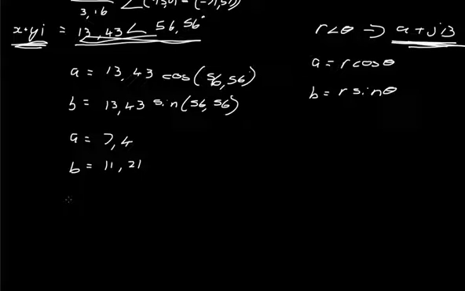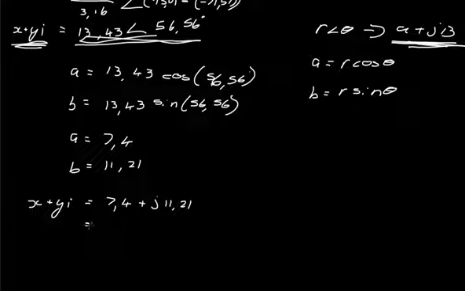So now we know that x plus yi is equal to a, which is 7.4, plus j 11.21, or written differently, 7.4 plus 11.21i.